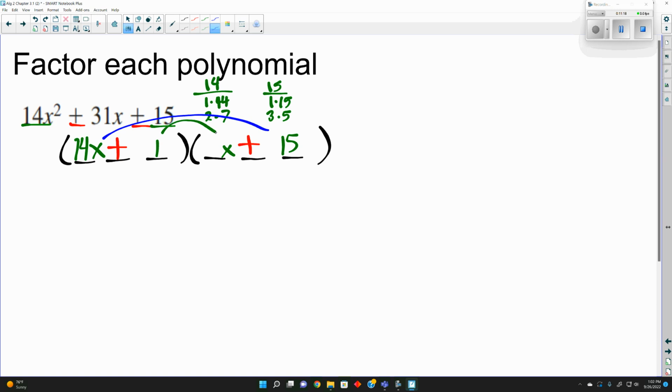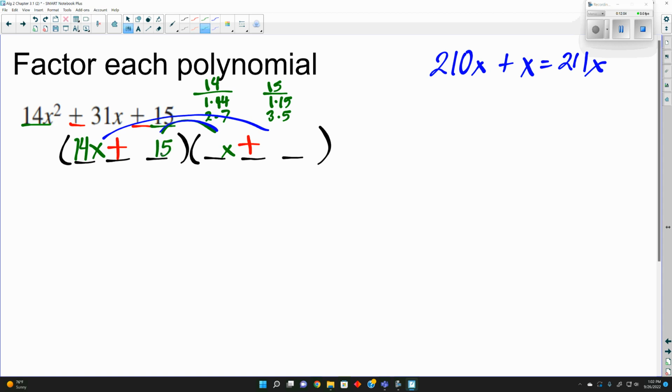Just like with the last one, 14x times x is 14x squared. 1 times 15 is still 15, so we're checking this middle term. 14x times 15 is going to be, oh, not 70. 70 is too small for that. 14 times 15 is 210x, plus x is 211x. So that doesn't work.